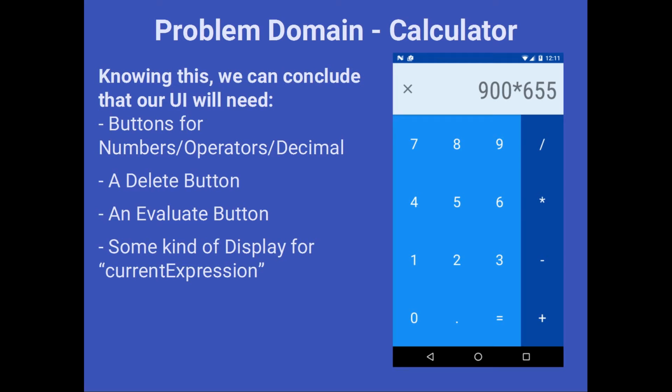We're going to need a delete button, an evaluate button, and we're going to need to display the current expression. Once you know those things, that's when you can start sketching and figuring out where you're going to put these different components of the user interface. So that's basically my spiel on the problem domain and how it can help the design process.